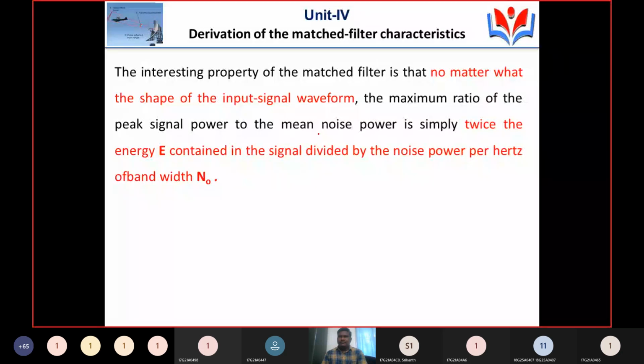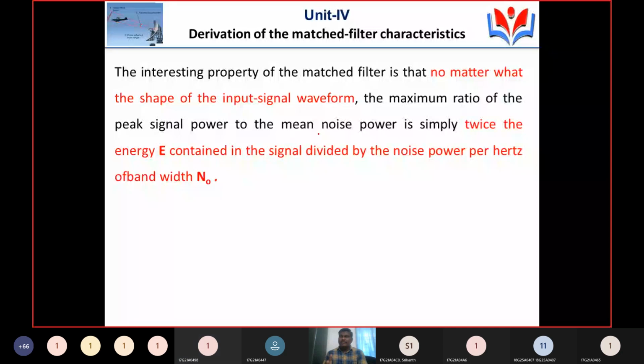And the second one is that it is inversely proportional to the noise power per hertz, that is, the noise power per hertz throughout all the bandwidth. These are the two important things that the output signal to noise ratio of a matched filter depends upon.